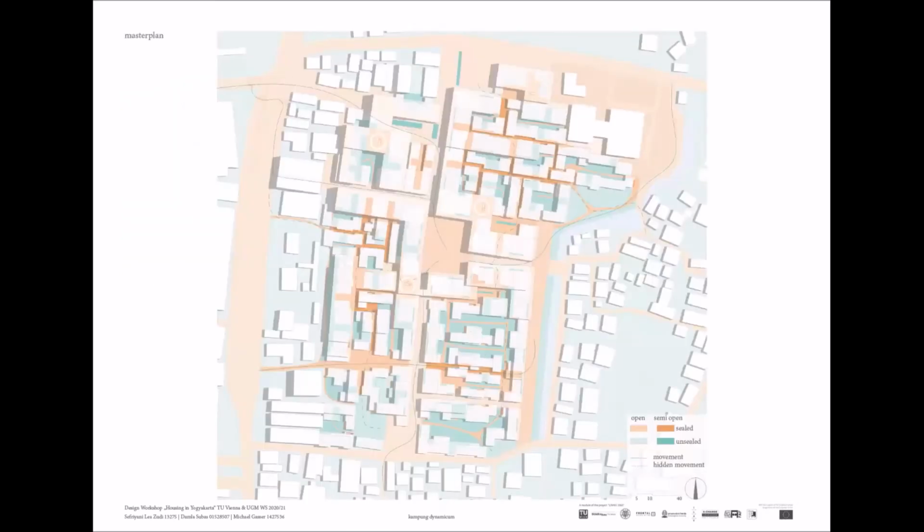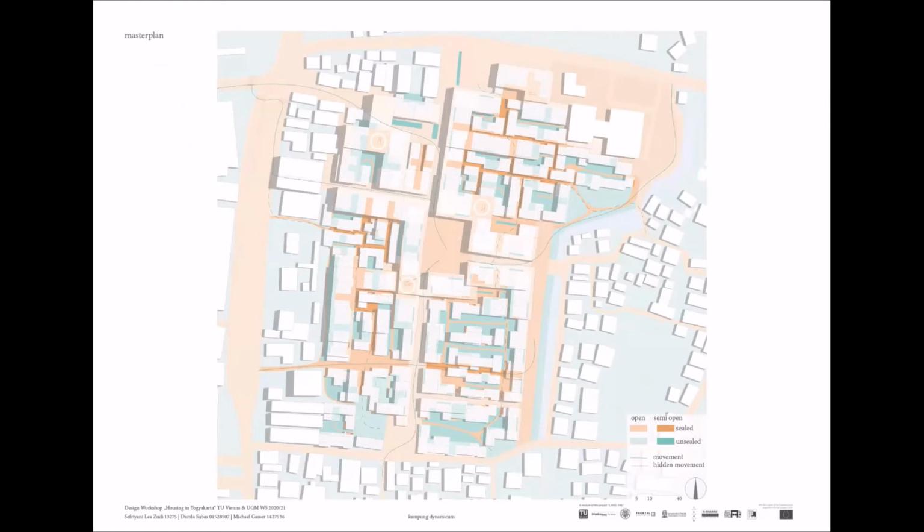And here is our master plan. We have different functions, and the courtyards, every building, like Michael said, has an orientation to this green area, and we have different functions like working and housing, and this in different levels.